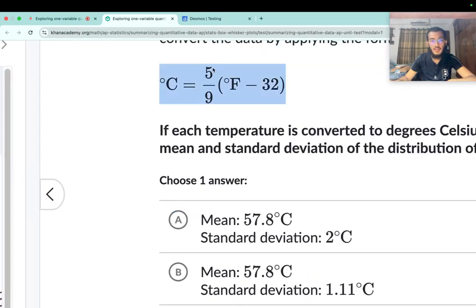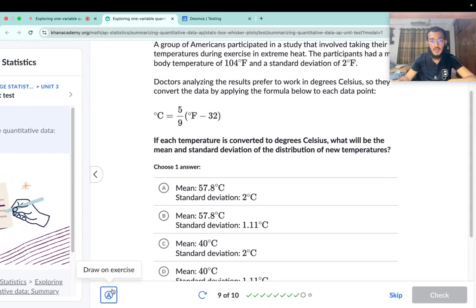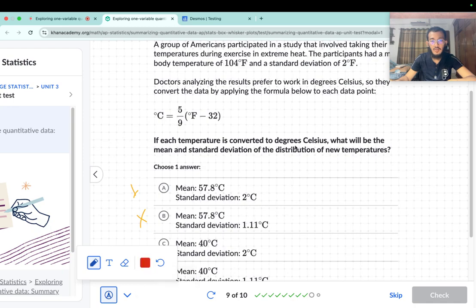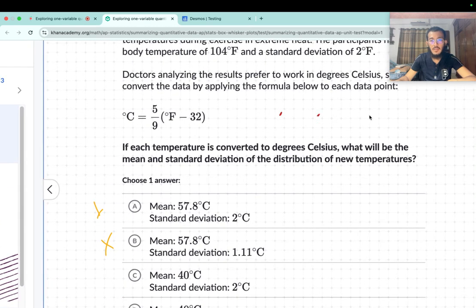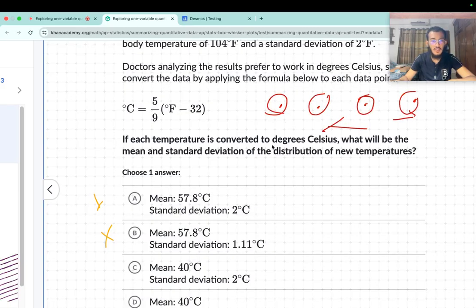Now the standard deviation. The standard deviation doesn't change when you add or subtract, because standard deviation is a measure of relative difference, or the relative distance. If you shift the entire data set by the same amount, every data point moves to the right or to the left, so the relative distance doesn't change.